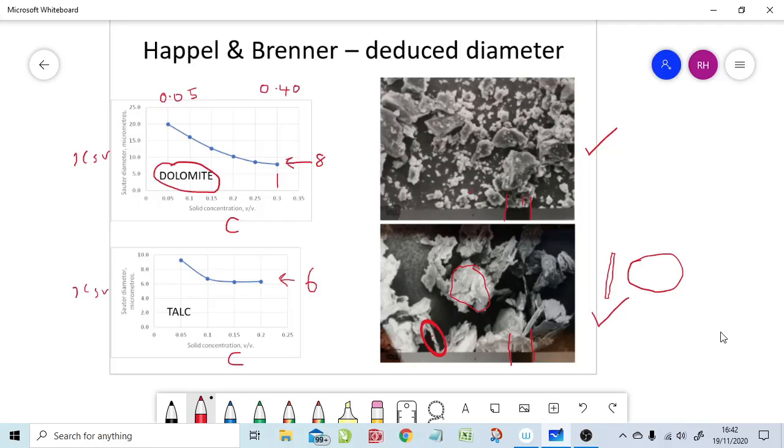Again, if we were to use 6 microns in the Happel and Brenner equation to work out the permeability and therefore the settling velocity, that should give us a perfect match for the settling velocity at that concentration, not too bad at that concentration. It's only that concentration where the settling velocity would be significantly underestimated, and as I said before, that's the right way to be for a design.